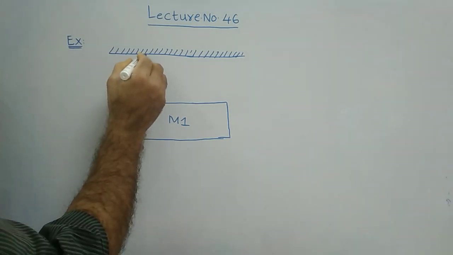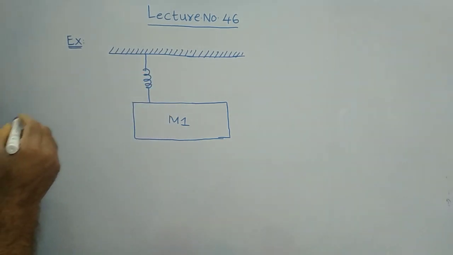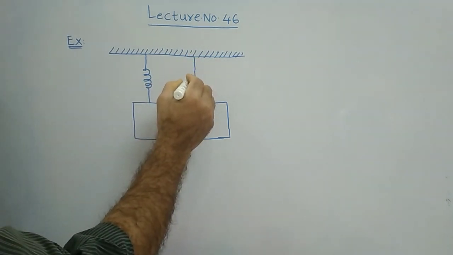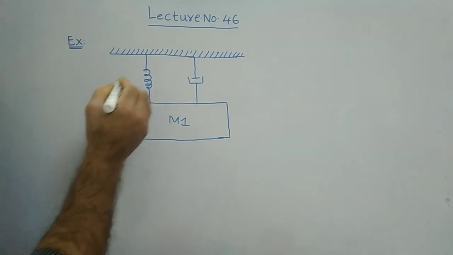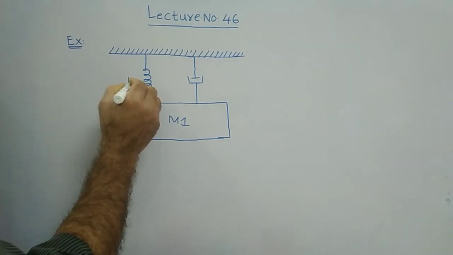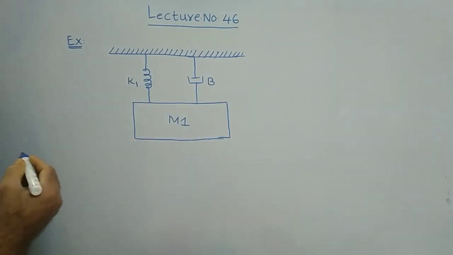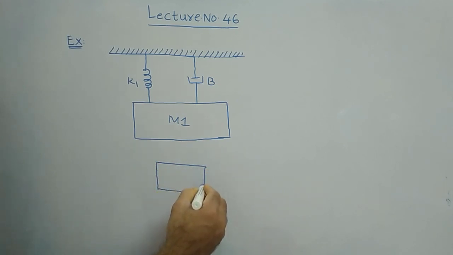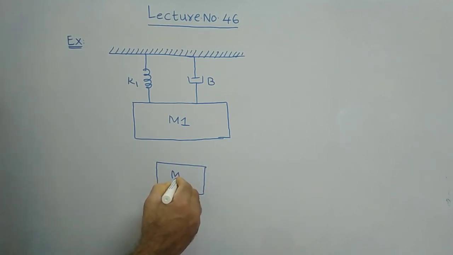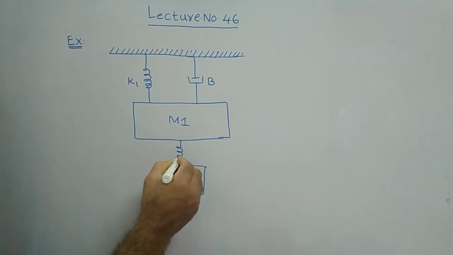It is connected with two mechanical elements, one is spring constant K1, and this is your B, and it is connected to another mechanical block, M2, which is connected with spring constant K2.